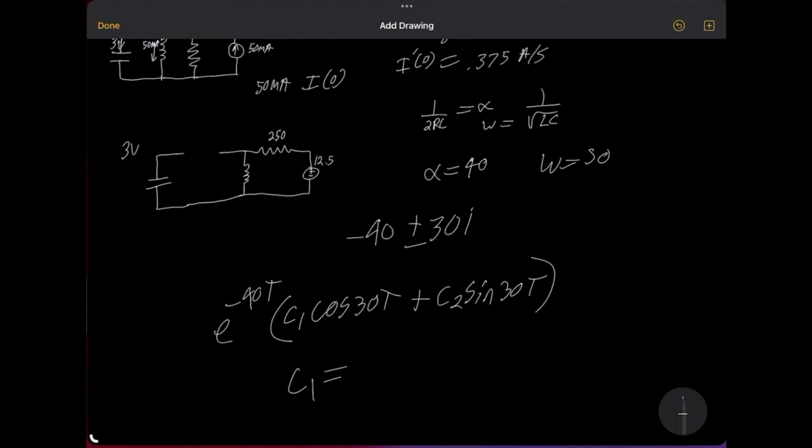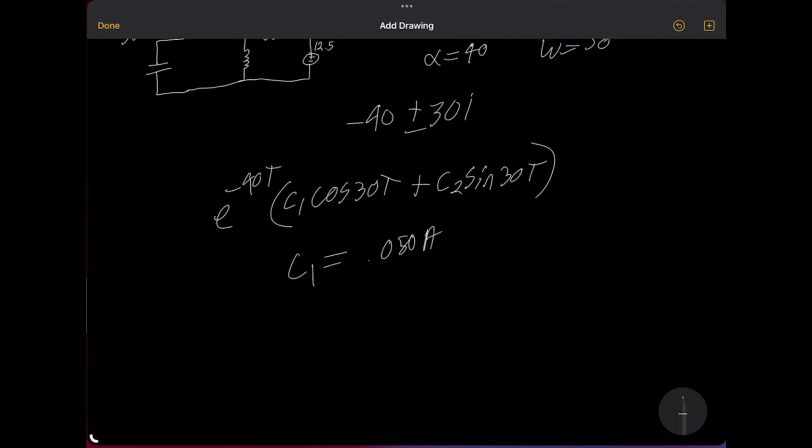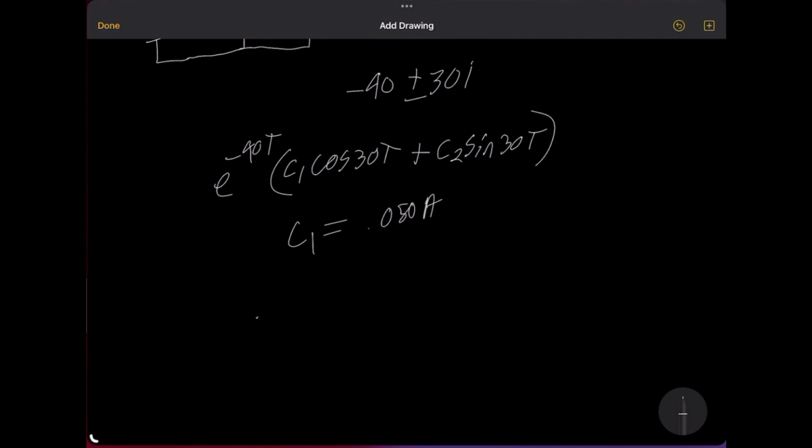C1 is going to be equal to I naught, which is 0.050 amps. And C2 will be equal to, well, 0.375 is equal to the derivative of the one up top, because it's di dt, so we need the derivative of this function.